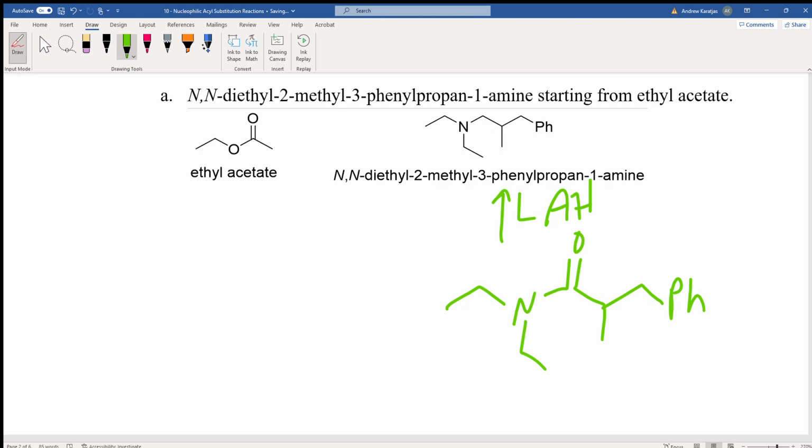Now, why do I think it has to be an amide there? Well, we need to get that nitrogen in, and honestly, at this point, we don't really know other ways of making carbon-nitrogen bonds. You might be thinking, could we have used an SN2 with an amine as a nucleophile?